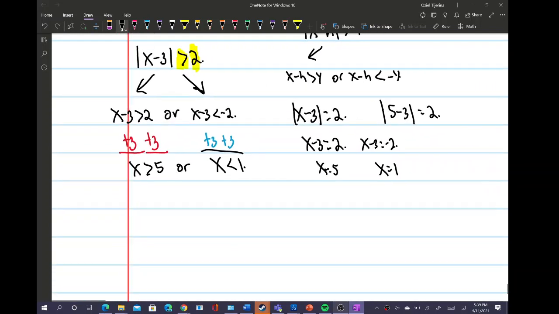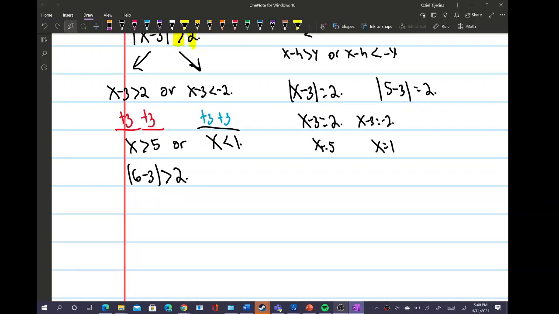Now, if I said x is greater than 5, I can say 6 minus 3 is greater than 2. The absolute value of 6 minus 3 is greater than 2, right? Because in reality, what you're looking for is not that they satisfy these two equations, or these inequalities, but that they satisfy this absolute value inequality.